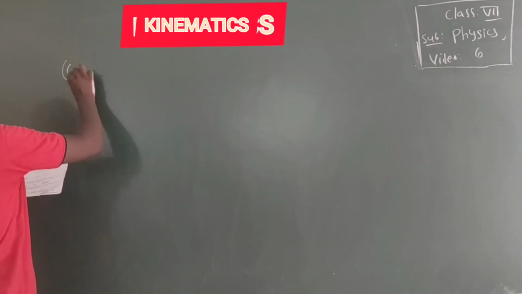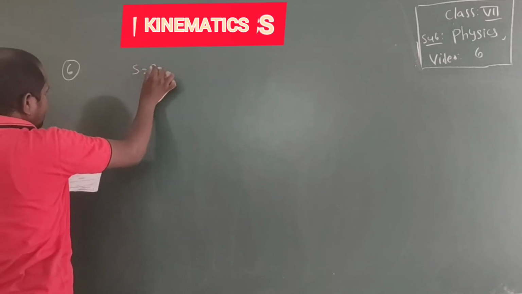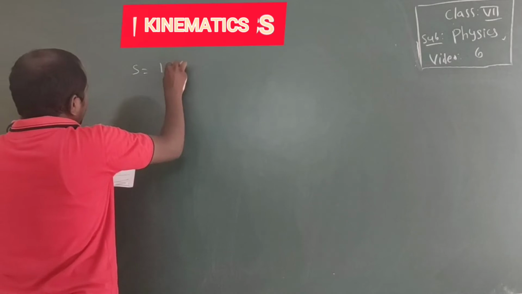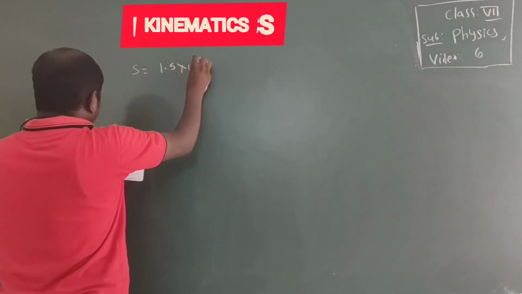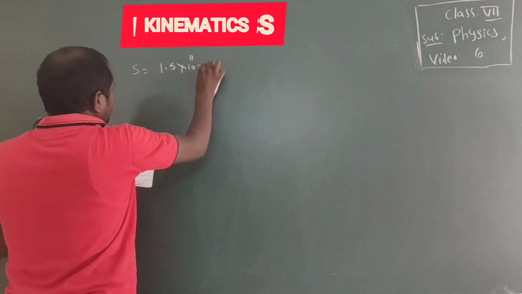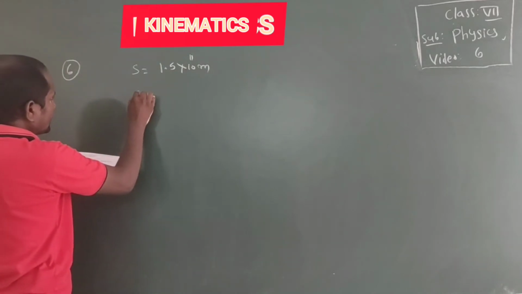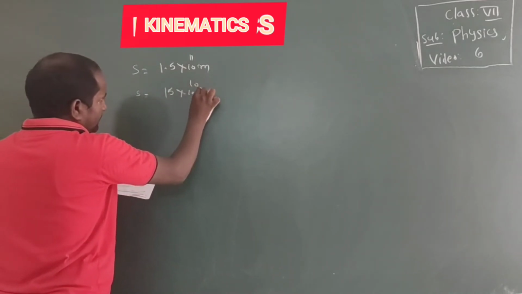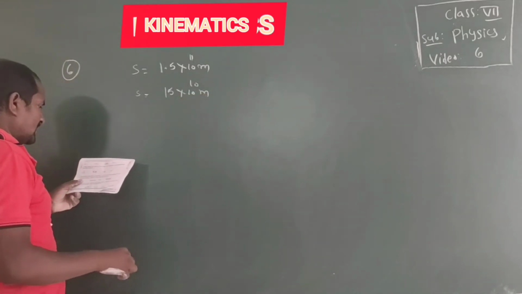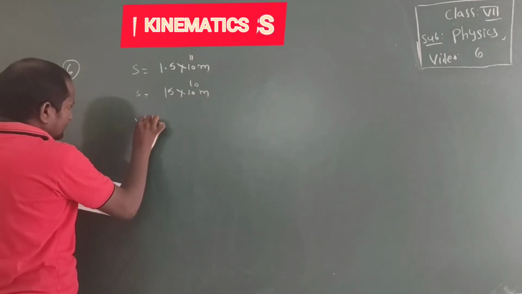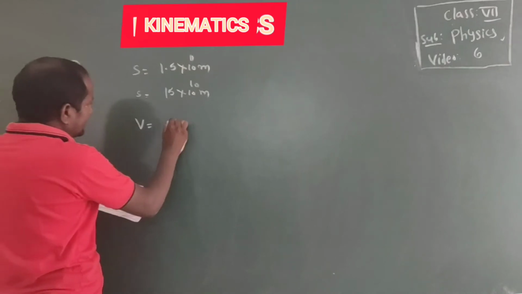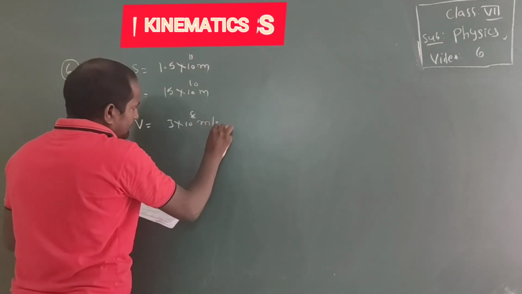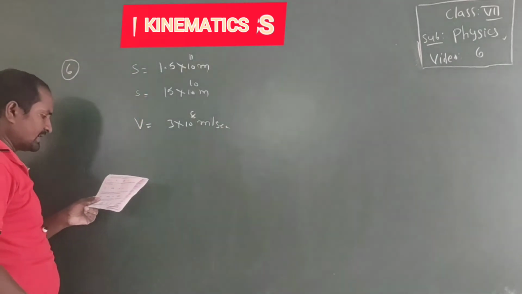The distance between the earth and sun is 1.5 into 10 power 11 meters. We can write that as 15 into 10 power 10 meters also. The speed of light is given, 3 into 10 power 8 meter per second. Then find the time.